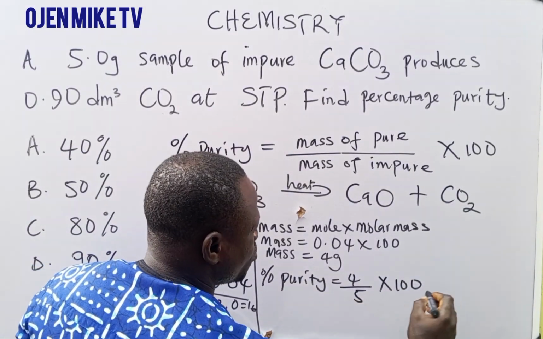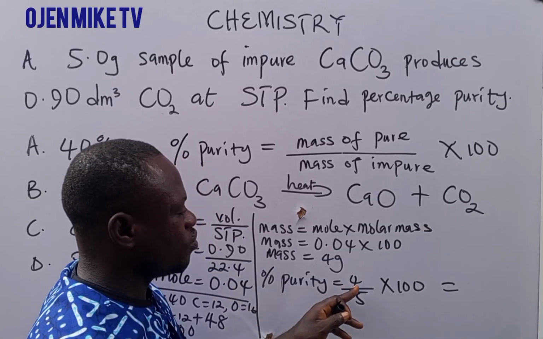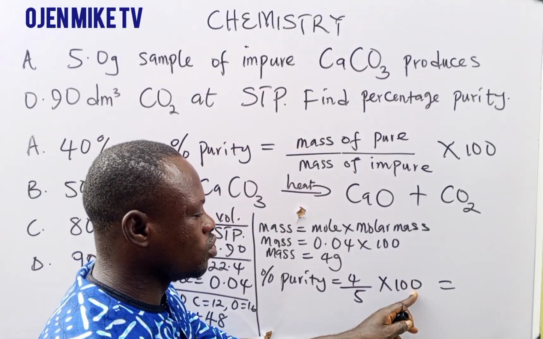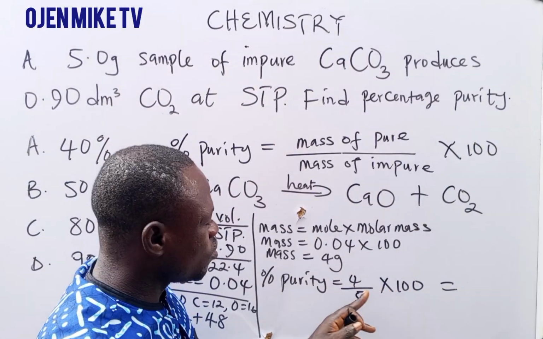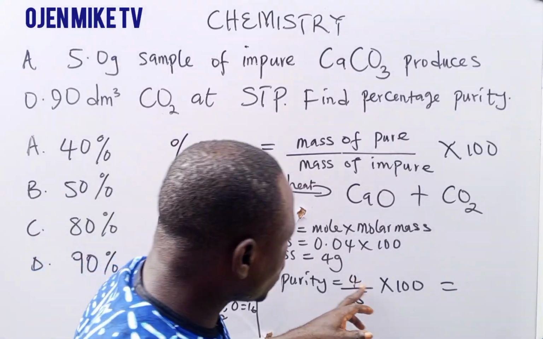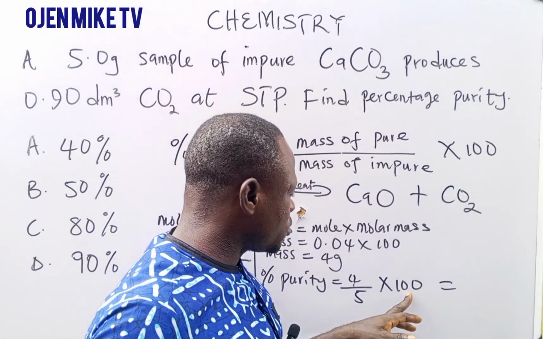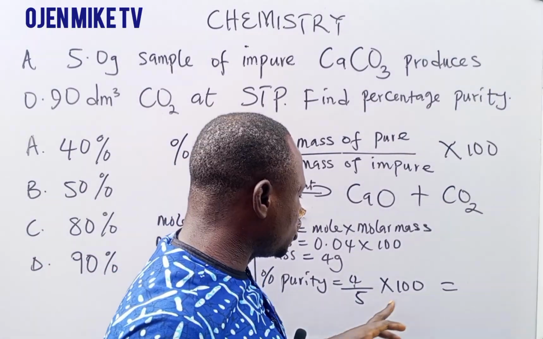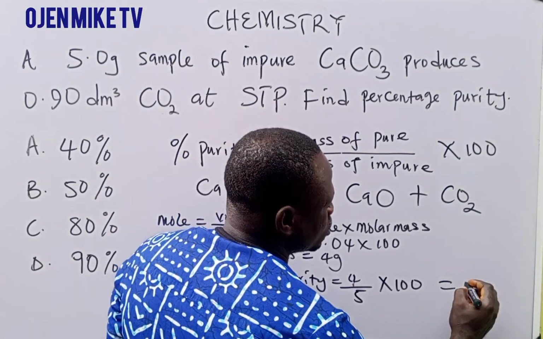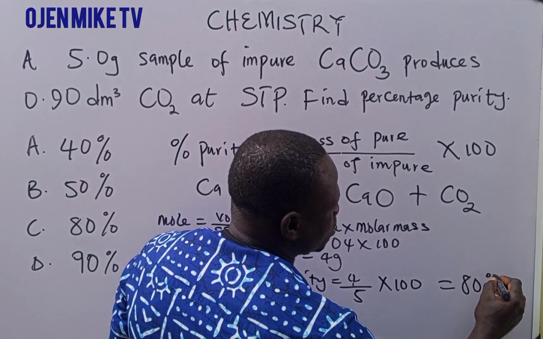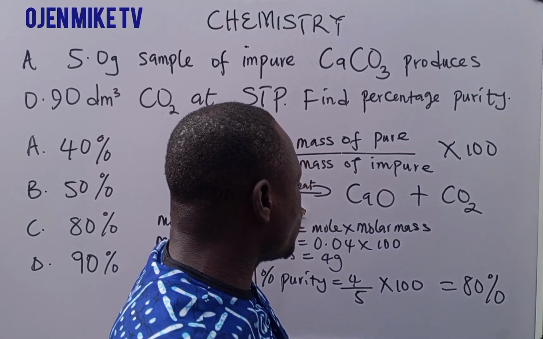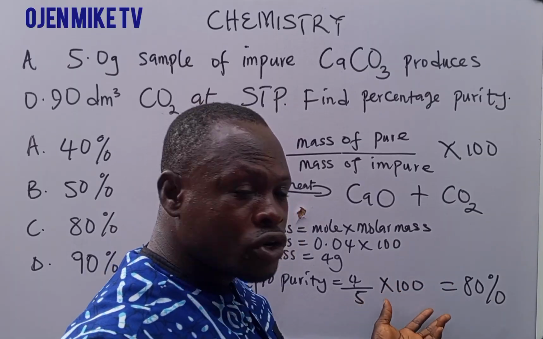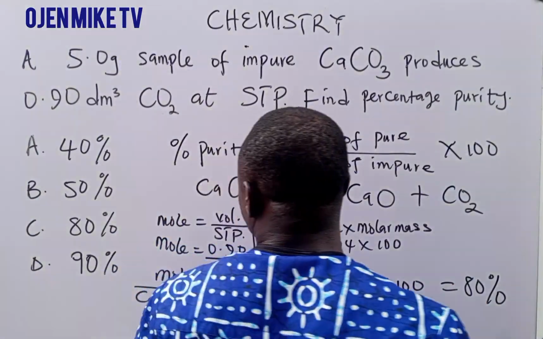The answer will be 4 times 100, which gives us 400, and 400 divided by 5 gives us 80. So the percentage of purity is 80%.